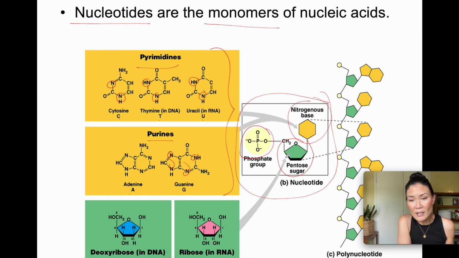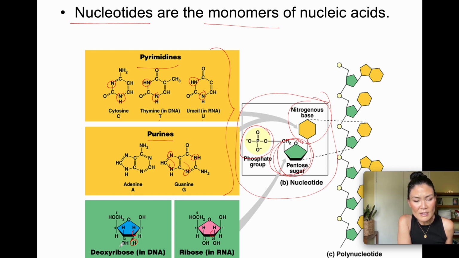In DNA, that pentose sugar is called deoxyribose. In RNA, it's called ribose, okay? The only difference between deoxyribose and ribose is right over here. See this? Attached to carbon number 2, there's a hydrogen atom in deoxyribose. In ribose, there's a hydroxyl.